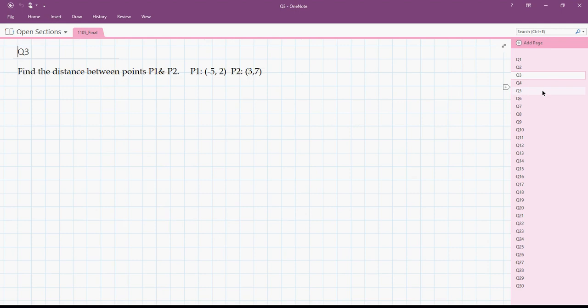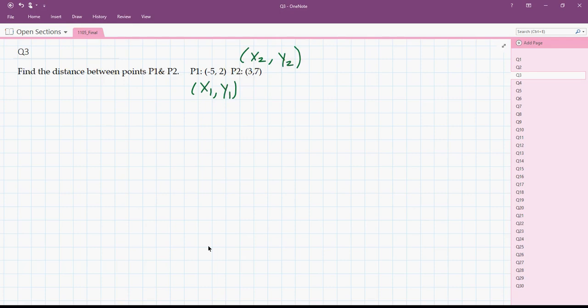So find the distance between 2 points. So this would be a formula. Call this point x1, comma y1, and call this point x2, comma y2.